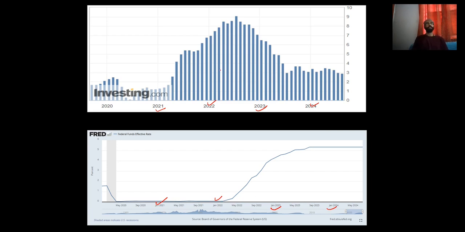We can understand it pretty well from here. So you can see here the inflation is going up, going up, going up, right around the third or fourth quarter of 2023. And from the beginning of 2021, the Fed was watching.